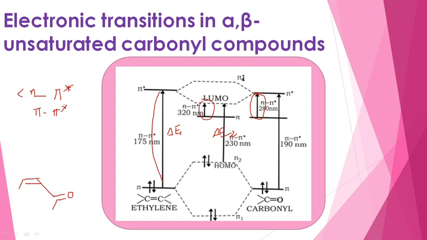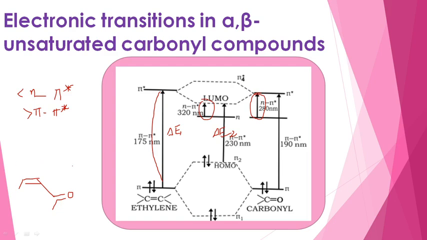For the earlier example of alkenes, there was only one effect: pi to pi star transitions go to a higher wavelength. That is why we call the shift a bathochromic shift. Here, the carbonyl compound has an n to pi star transition as well as a pi to pi star transition.